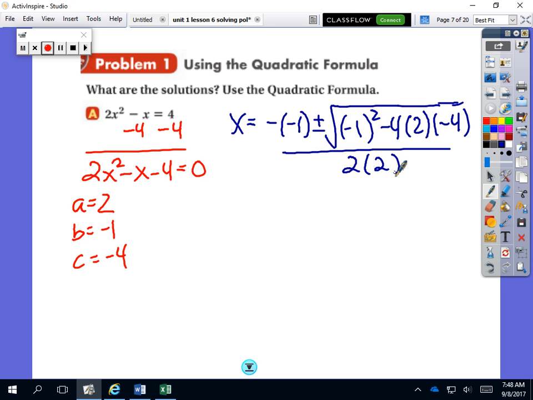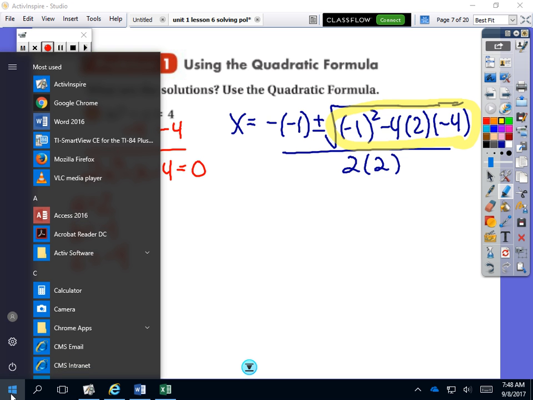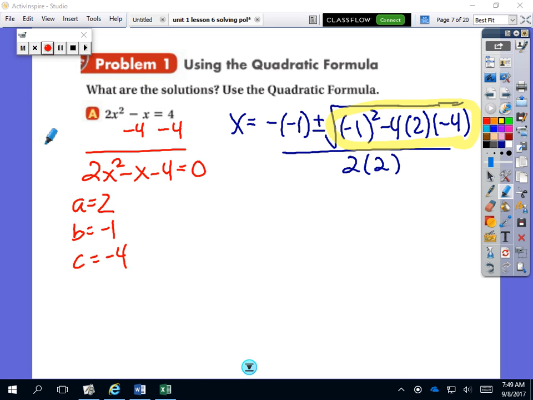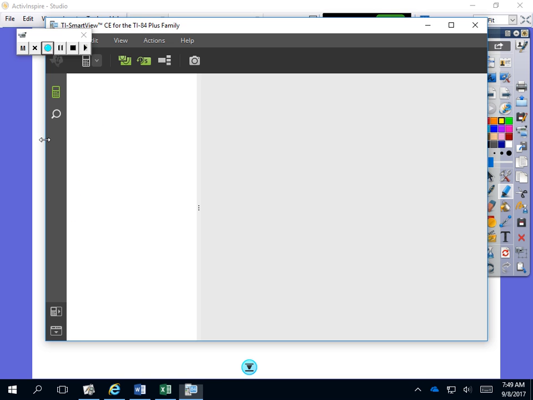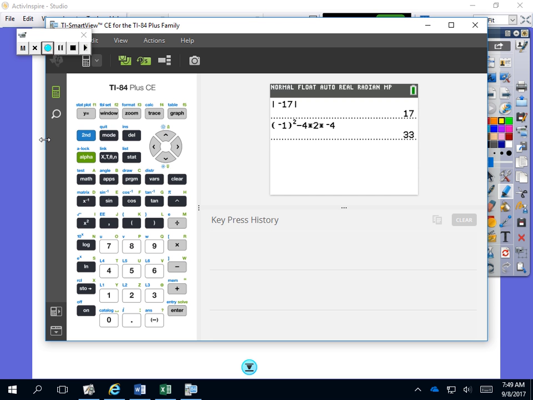Okay, so the thing under your square root goes in your calculator, and I'll show you, if I can find my calculator, how to do that. Okay, so I already have it in here. I'll do it again though.